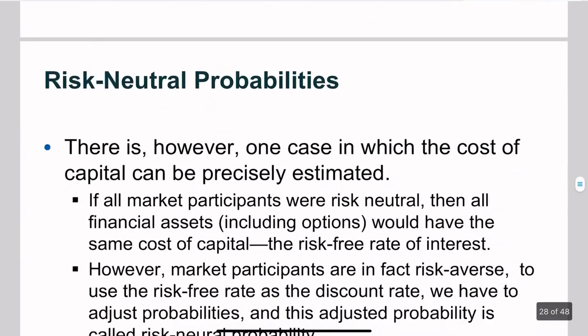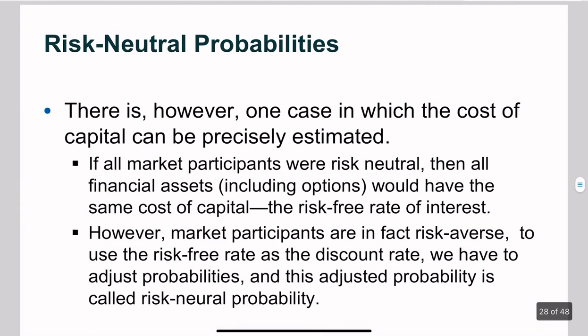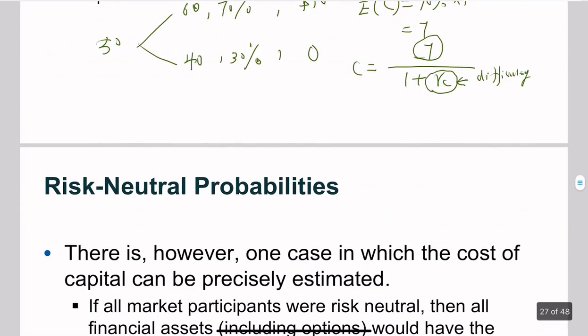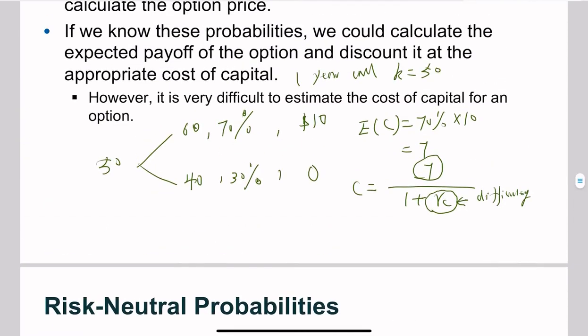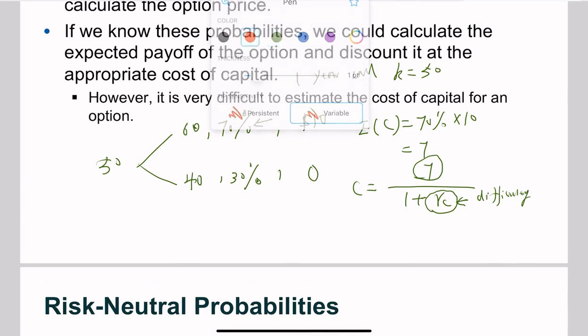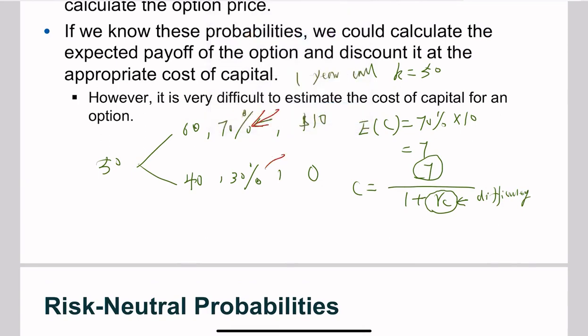But we can actually find an alternative way to use this discounted cash flow model to calculate the price of the call. So here, if you look at this, here we know probabilities, right? We have these probabilities. But it's hard for us to find out the cost of capital. Think about this.